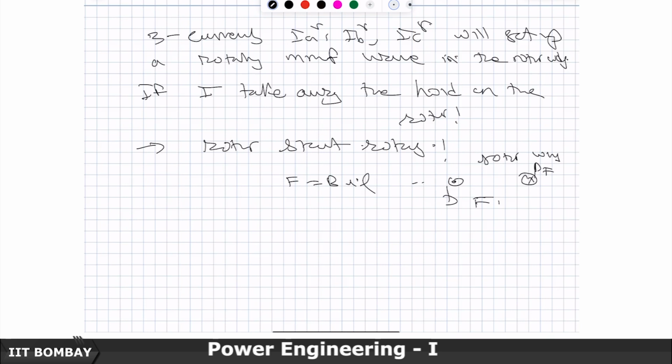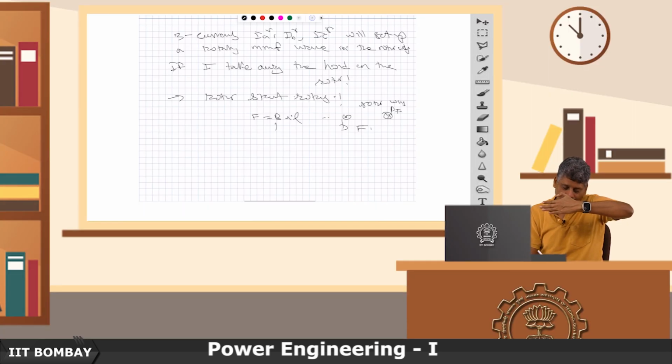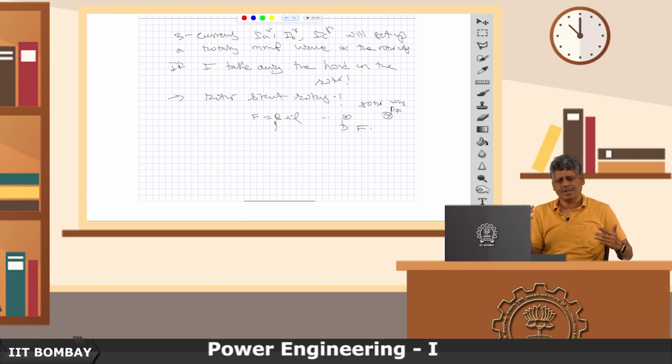So, this B of the stator, or the net B really speaking, whatever is the net B, this B which is present there will interact with the I and set up a force F, and on the two conductors the currents are in different directions while the B is in the same direction.